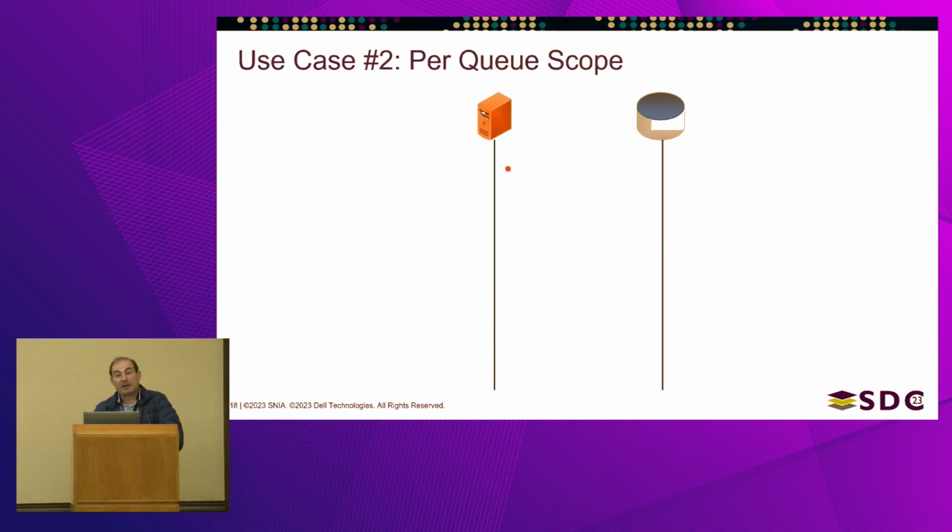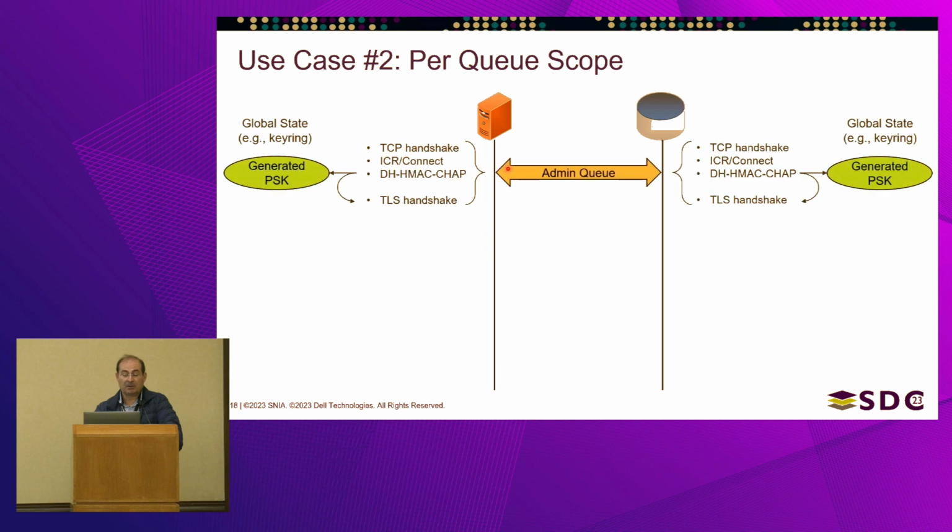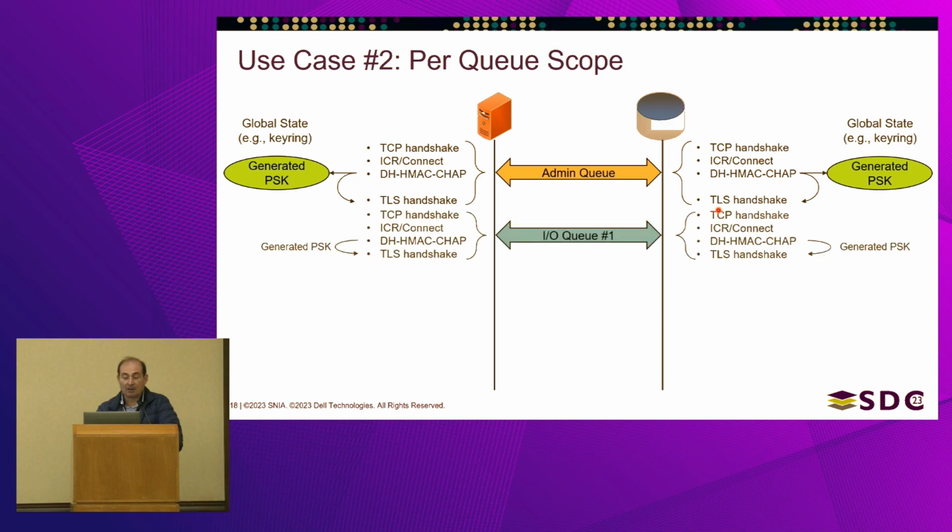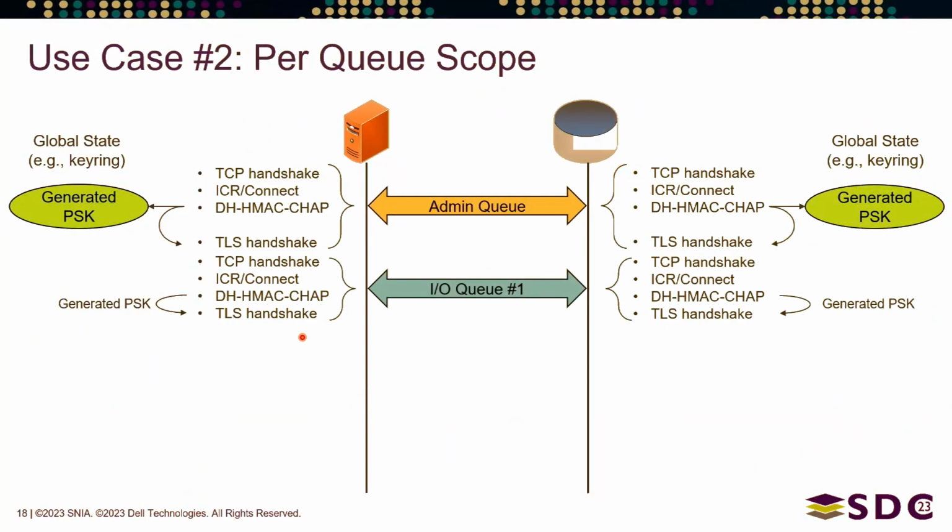But I could have a per queue scope instead, in which, okay, first I generate a PSK for the admin queue. You see here the DHM matchup transaction. I generate the PSK and I use it to perform a TLS handshake. And I can use exactly the same process for the first IO queue. I do my TCP handshake, ICRESP connect, and DHM matchup transaction.